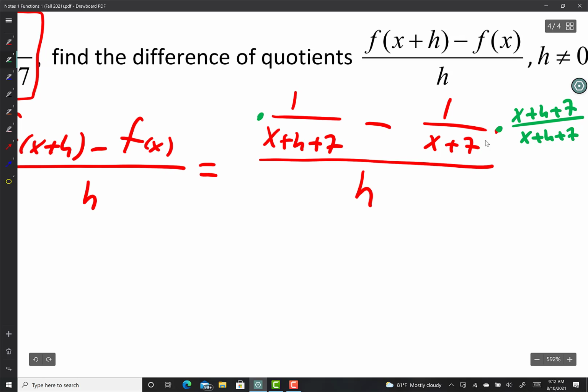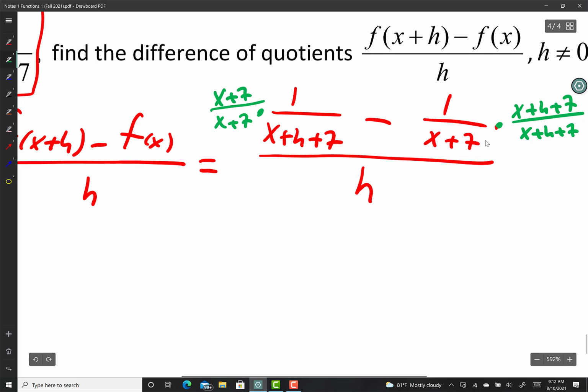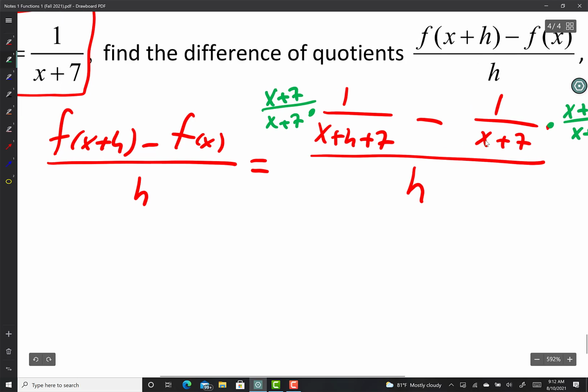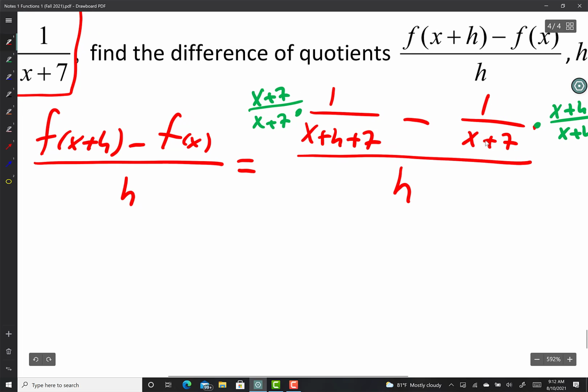And I'm going to multiply this left term over here by x plus 7 over x plus 7. Are we okay so far? Yes.